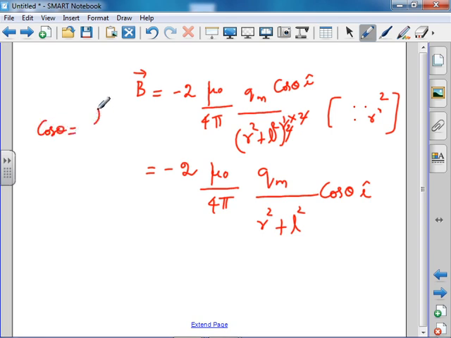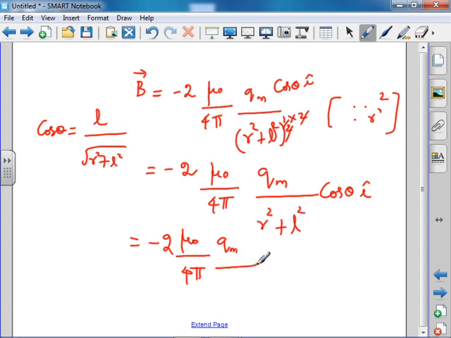From the figure it was found to be L by the square root of r square plus L square. So we get the expression minus 2 mu naught by 4 pi Qm by r square plus L square. For cos theta it is L divided by r square plus L square the whole power half, in place of cos theta, i cap, right?